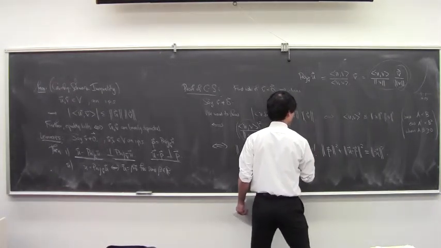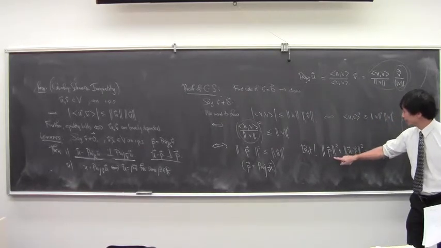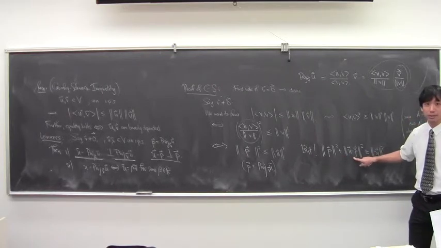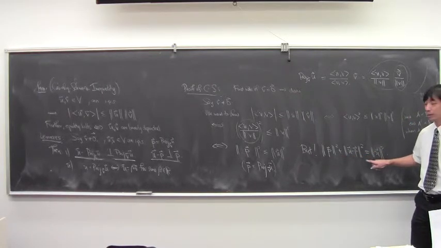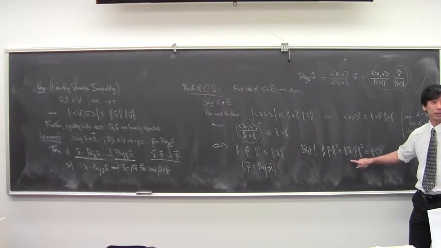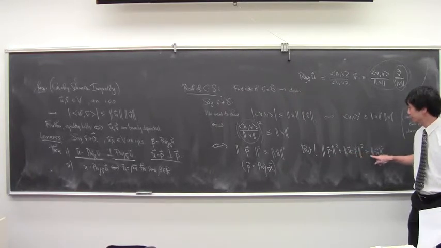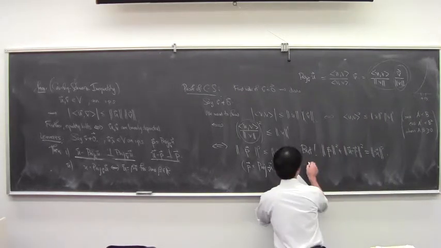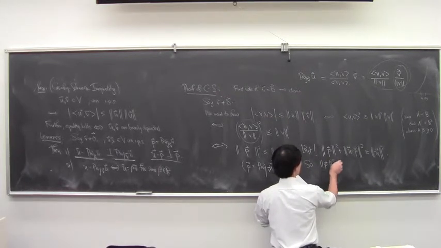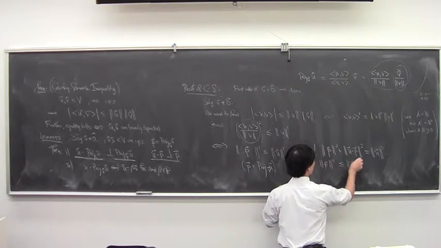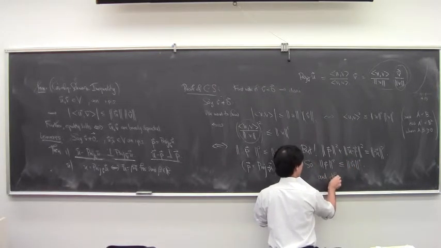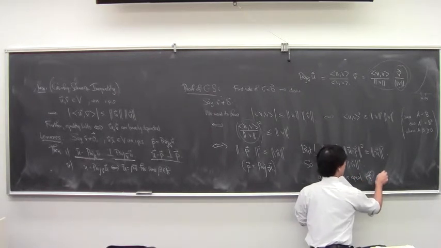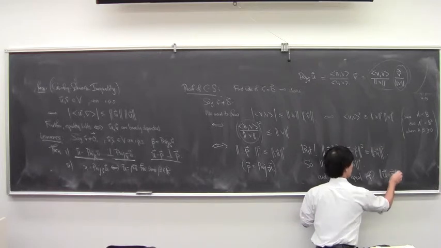So what does that tell you? We're trying to show that this thing is smaller than this thing. But we know that this thing plus something else is equal to this thing. So certainly it's going to be smaller than or equal to, because this positive number plus this positive number equals this positive number. So this thing is indeed less than or equal to u squared, and they are equal if and only if u minus p squared is 0.